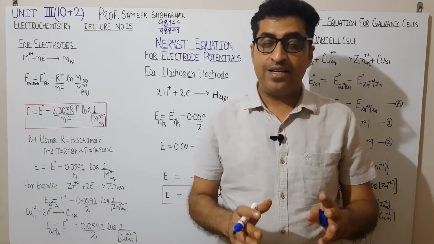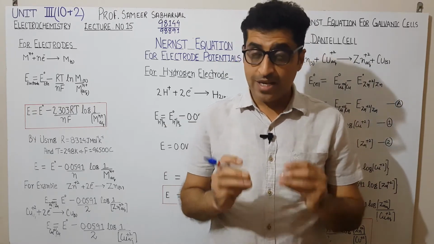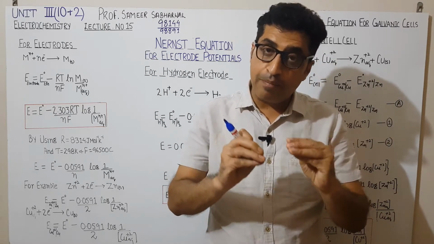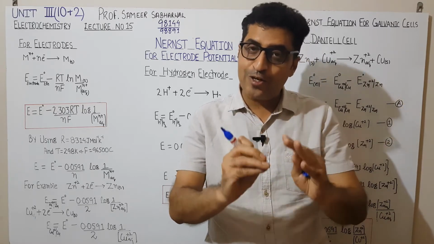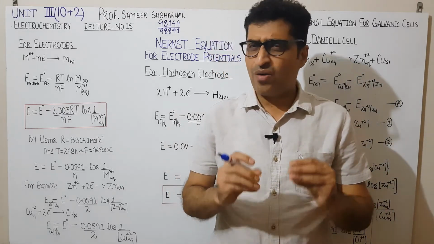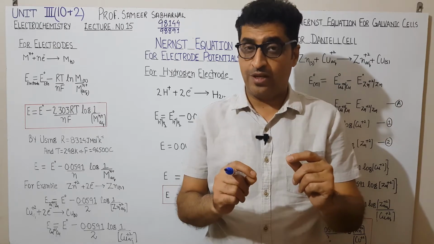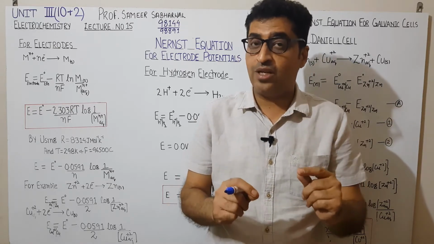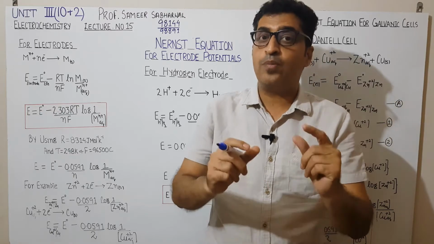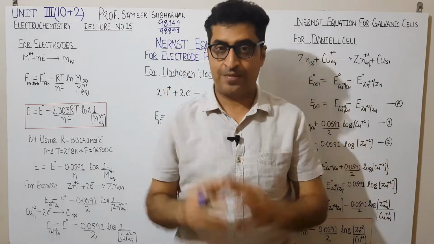We know that electrode potential of any electrode is affected by the concentration of its own ions, and we got information that electrode potential, that is reduction potential, is directly proportional to the molar concentration of its ions.